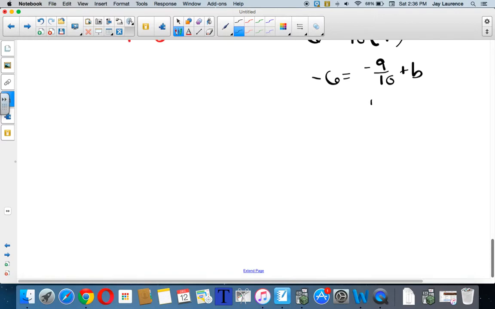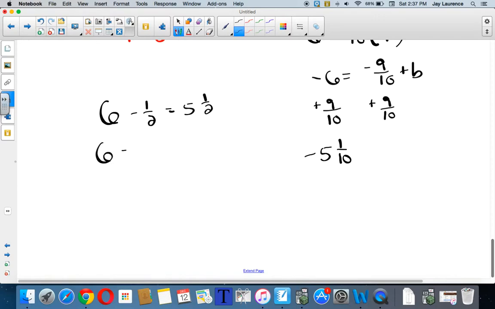I'm going to add 9/10 to both sides. And so that would be like -5 1/10, right? So if I had 6 minus 1/2, that would be 5 1/2. Well, if I do 6 minus 9/10, I'm going to get a whole number of 5. And I'm going to ask myself, what makes this a whole?